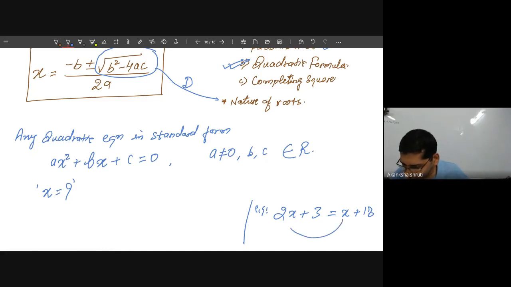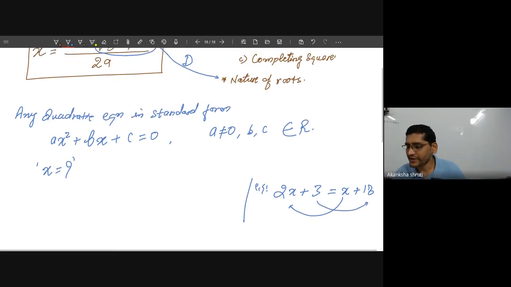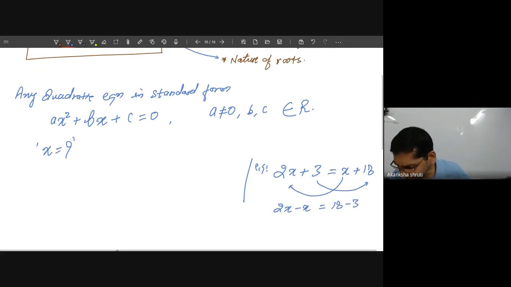We were bringing all the x on one side and all the constants on the other side, then dividing by the coefficient of x, if there is any. So the purpose was that all the x was collected at one point. x is equal to 18 minus 3. Ultimately, 2x minus x was x, which is equal to 15. If there is something in the coefficient of x, that will go in the denominator of this 15.